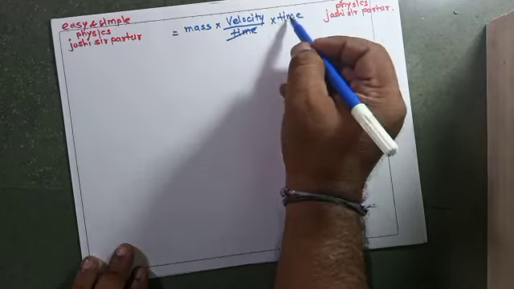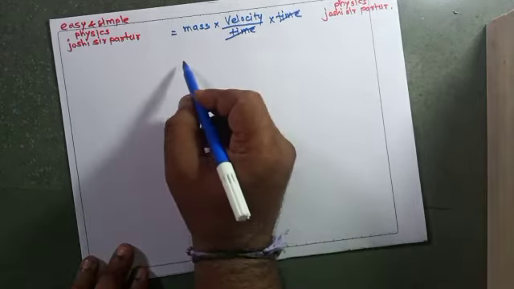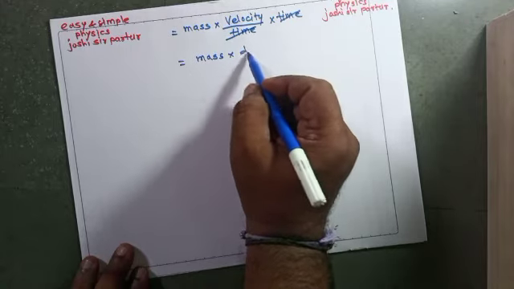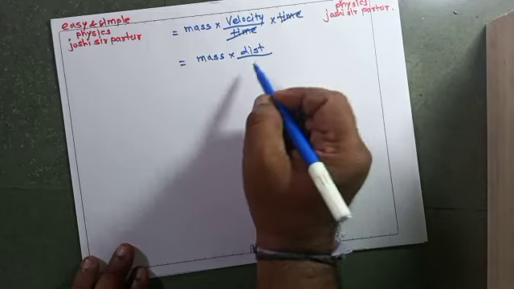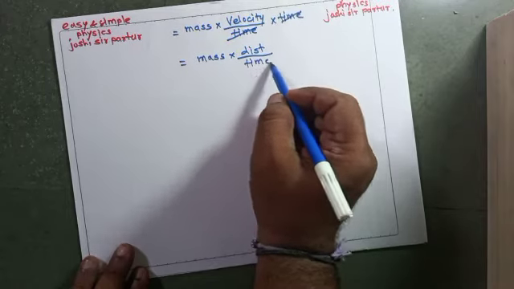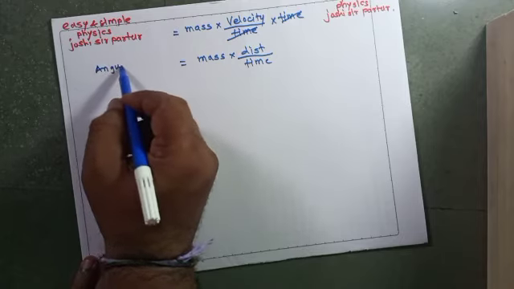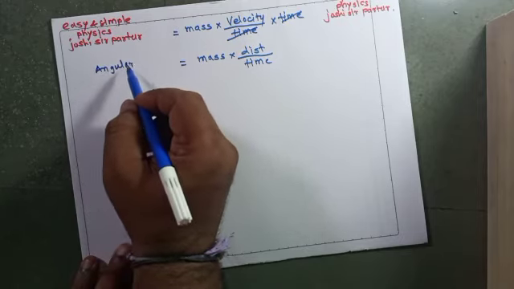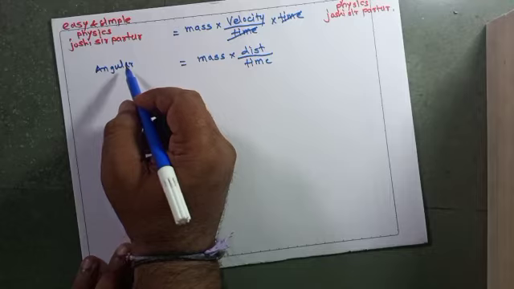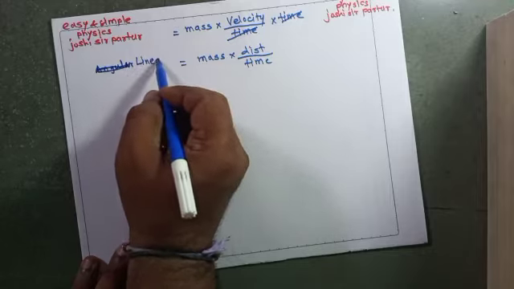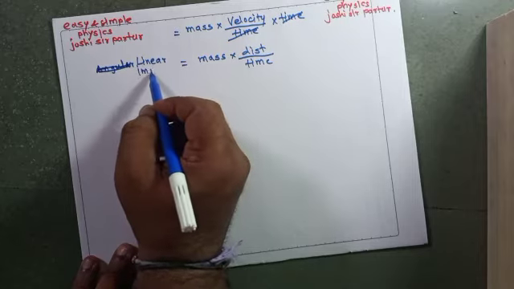Time gets cancelled. So mass multiplied by distance divided by time, that is the linear impulse.